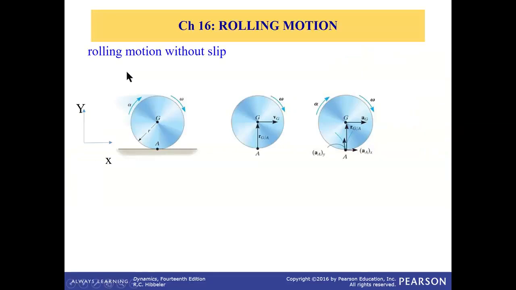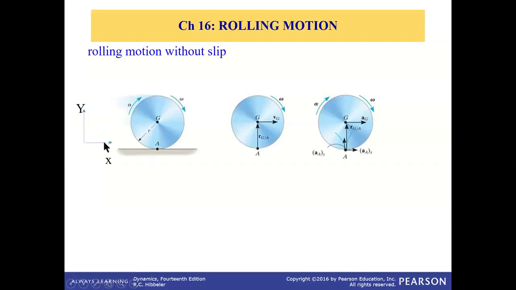Okay, so now this is revision from chapter 16. So that's why I have this modified slide from chapter 16, rolling motion without slip. So when wheel rolls without slipping, G is the mass center of the wheel, R is the radius of the wheel, point A is instantaneous center of zero velocity or the point which is in contact with the ground. Alpha is angular acceleration, omega is angular velocity.